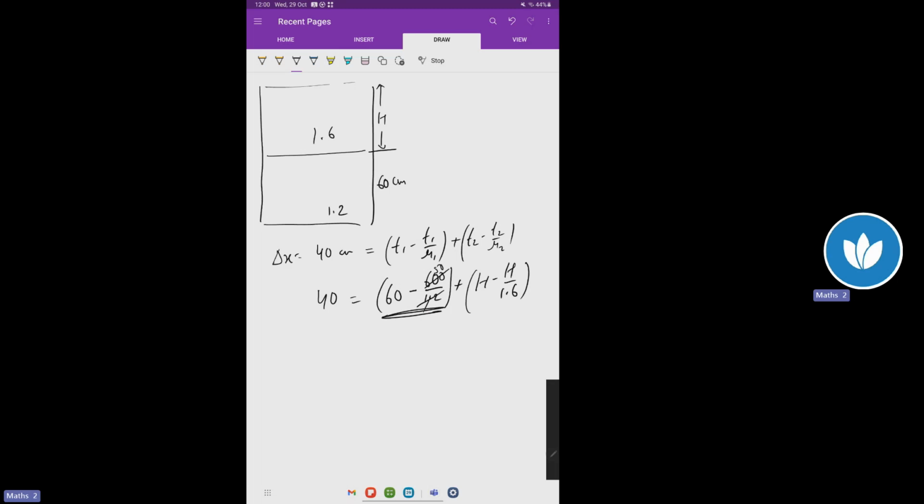This is 10, 30, h times (1 minus 10 by 16) is 6 by 16. H is 80 centimeter.